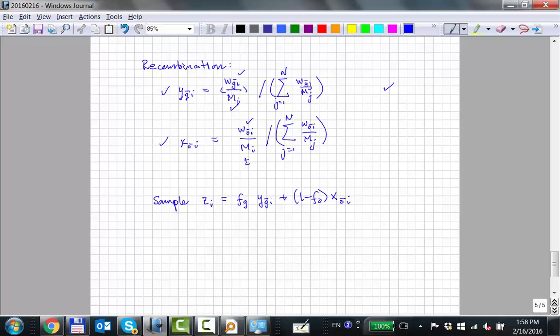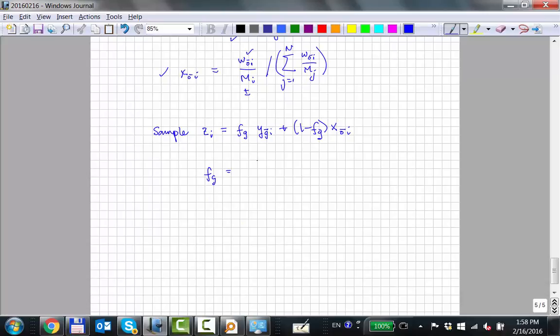Okay, like that. And this FG is from the gas-oil ratio. That's going to be 1 over 1 plus the gas-oil ratio times the density of the flashed oil over the molecular weight of the flashed oil.